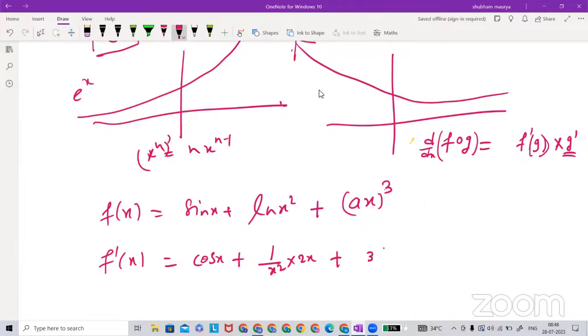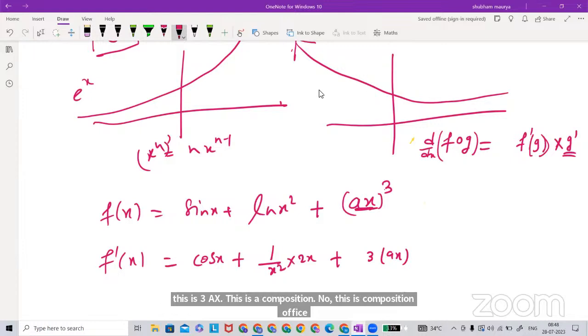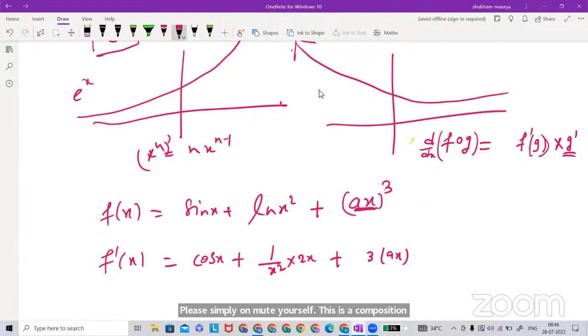This is a composition of a into x. It could be written as 3 into (a x) square. Differentiate the whole composition function using the formula, which gives 2, and then differentiate the inside. Here a is any real number.